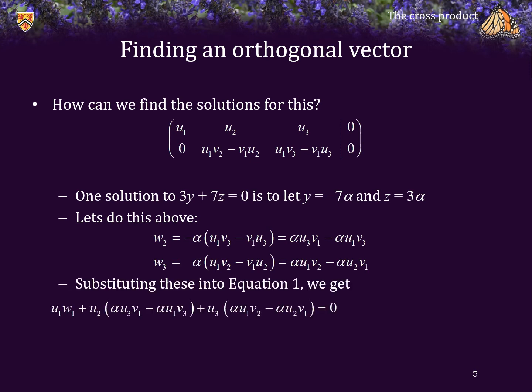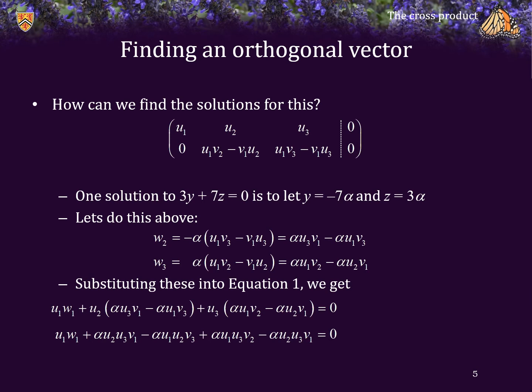We can now substitute both of these into equation 1 to get that u1 w1 plus u2 times our value for w2 plus u3 times our value for w3 is equal to 0. We can expand that out.